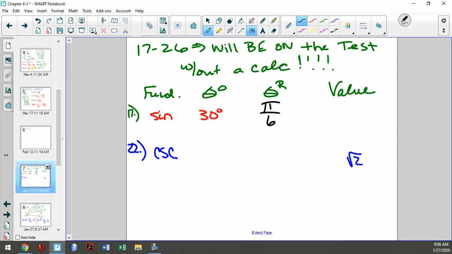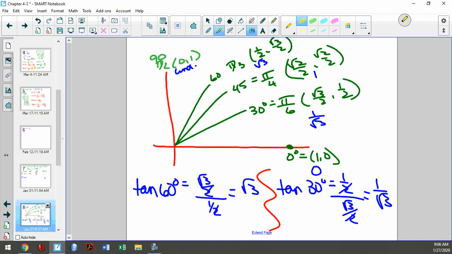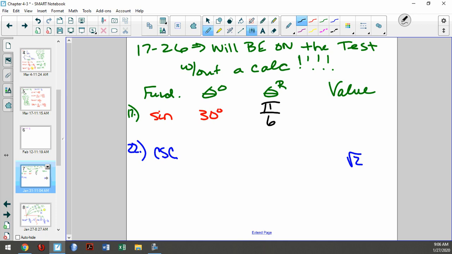Whenever I say sine, is that the x coordinate or the y coordinate? It is the y coordinate. So at 30 degrees, what is my lovely little y coordinate? At 30 degrees, that is going to be 1/2. Do we all understand that? So what you're going to do is you're simply going to come back over here and put the value 1/2. Do we see that, yes or no?